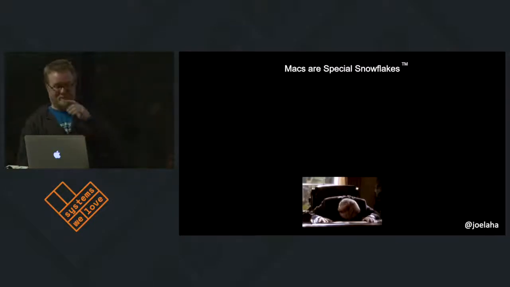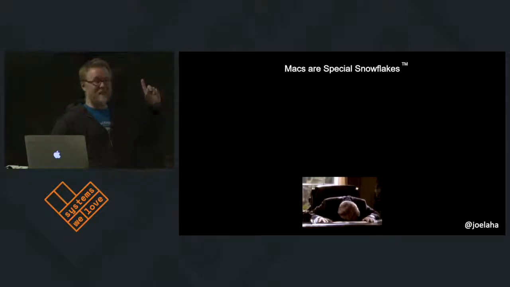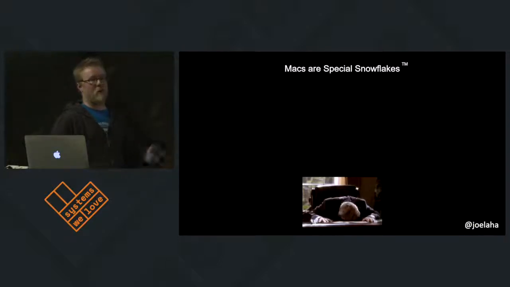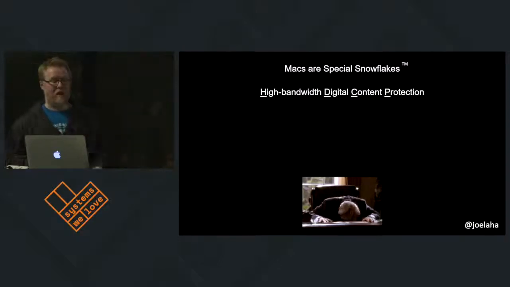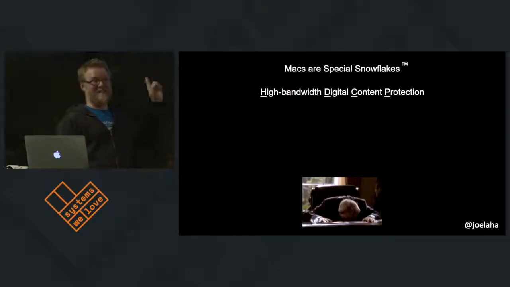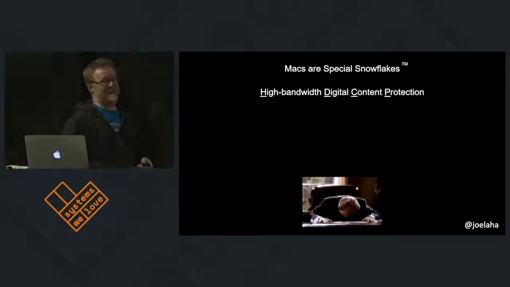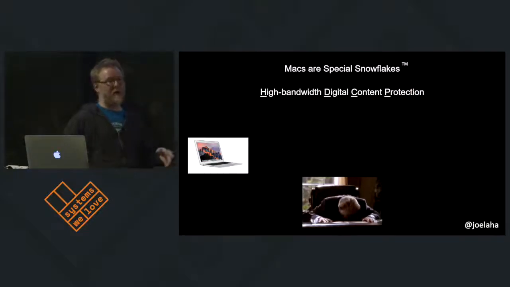But let's talk about Macs, because Macs are not immune. And anybody that was here early saw how not immune they are. Macs have their own special implementation of high bandwidth digital content protection, also known as HDCP. The way Macs handle HDCP is the laptop goes looking when you plug it into one of its digital outputs, whether it's the DisplayPort or the HDMI out.